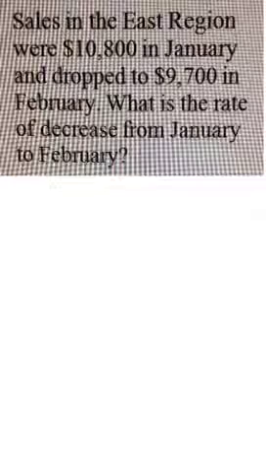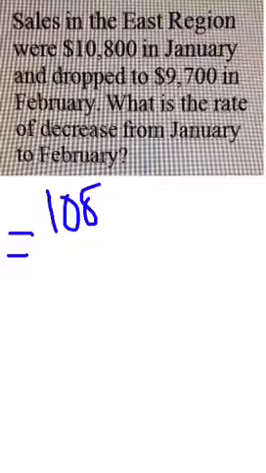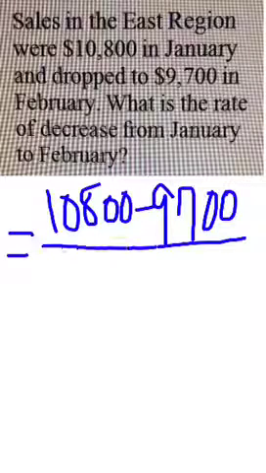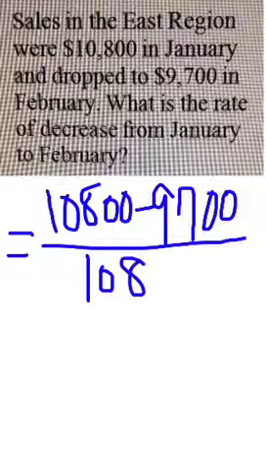What is the rate of decrease? The same steps apply if you're finding the rate of increase or decrease. First step is the same. Subtract your numbers. And place that over your original amount, which in this case is 10,800.